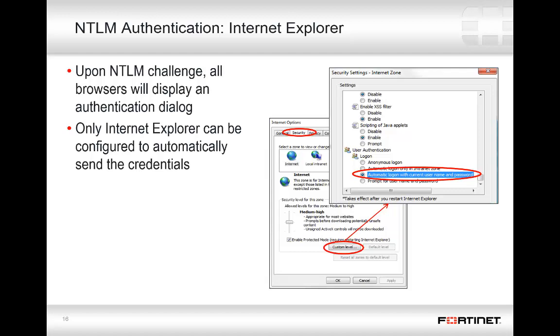Internet Explorer can be configured to automatically send the user's Active Directory credentials each time it receives an NTLM challenge. To do this, open Internet Explorer's Internet Options dialog and switch to the Security tab. Then click the Custom Level button and select the option Automatic Logon with Current Username and Password.